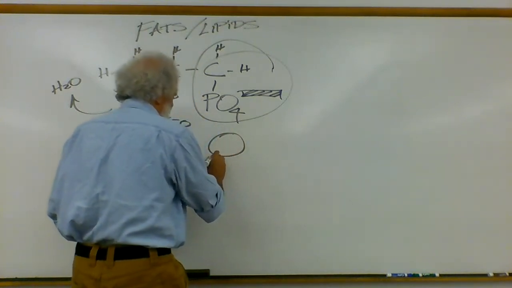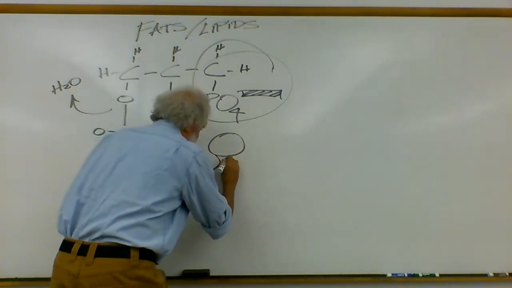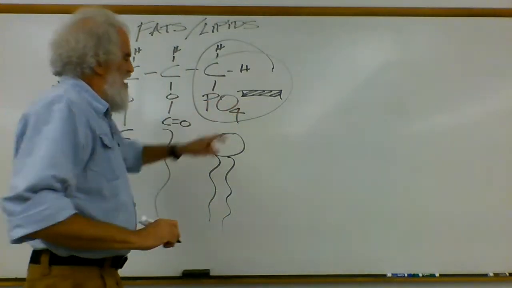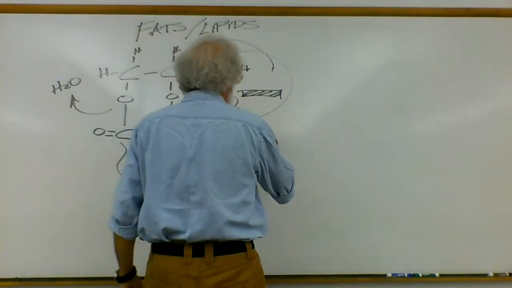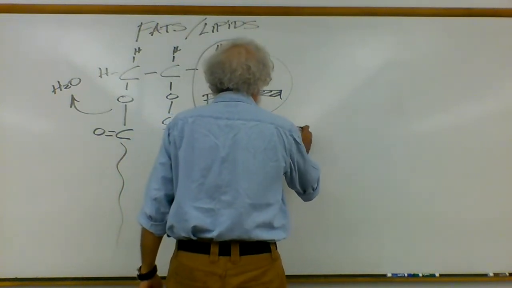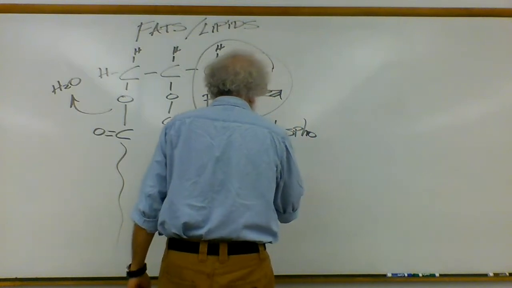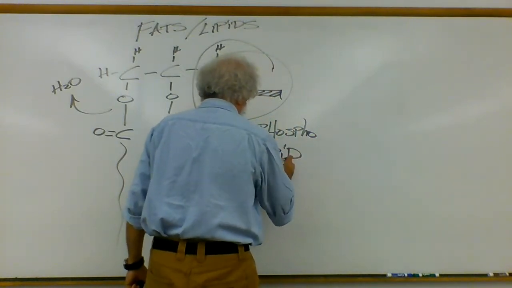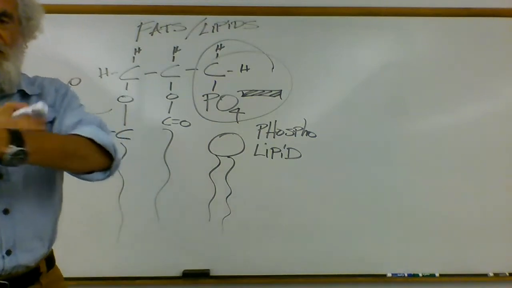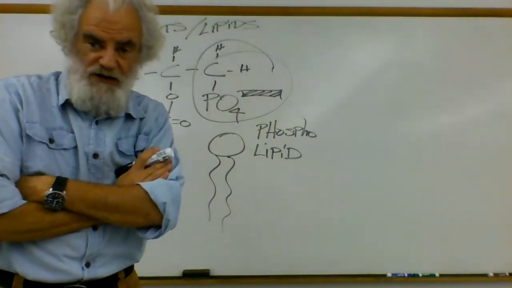The phosphate head and then the twin fatty acid tail. With a phosphate, this becomes a very special kind of fat known as a phospholipid. Phospholipids are the components of cell membranes.